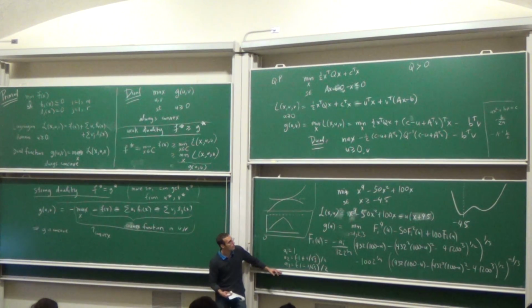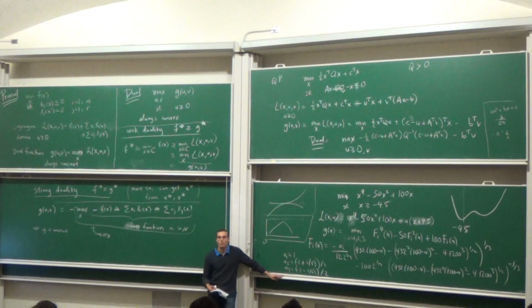Okay, so why does this happen? Well, there's kind of a rule here that we should remember, which is that pretty much almost every time you're doing a convex optimization problem, you will get strong duality. And we'll make that precise in a second.